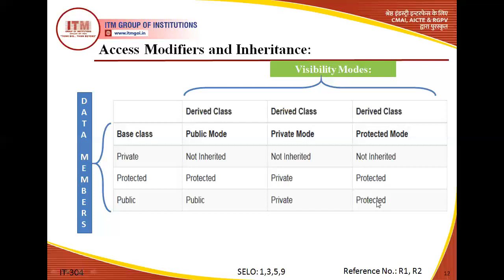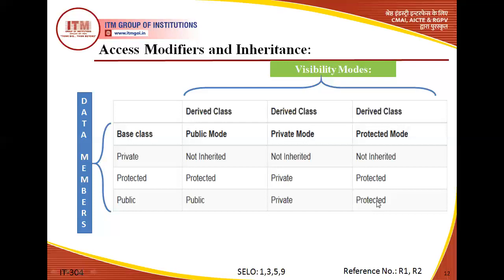So what is the meaning of protected? A protected data member is also treated just like a private data member, with the only difference that it can get inherited only one time. Only one ladder below it can come down, not more than that.